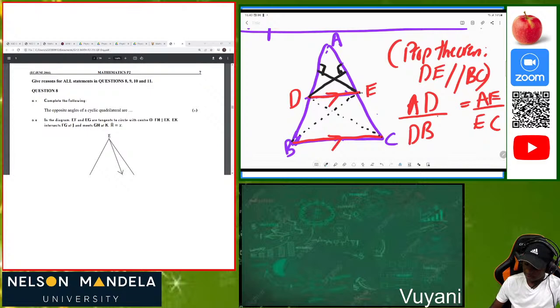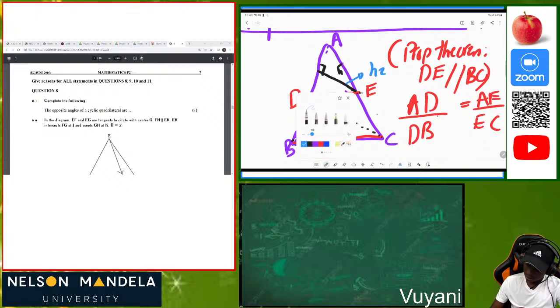Let me just name my heights here. Let me name this one H1, and this one H2, so that you can see.